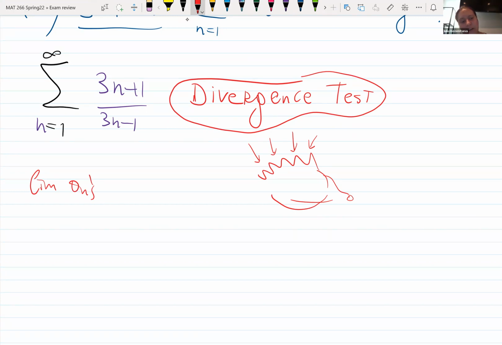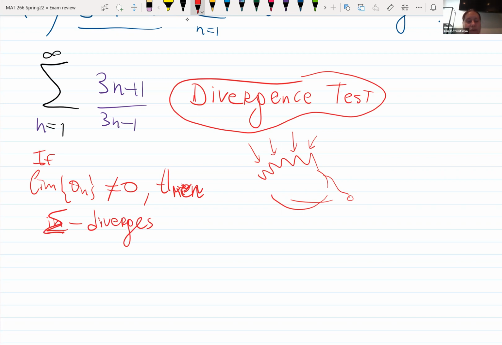If it's not 0, then it's not a hedgehog, unless of course the hedgehog is sick and doesn't have its ball. Then the series diverges, like so. So it goes only one way. That's what's called the divergence test, not a convergence test. It only goes one way. If the limit is not 0, game over.